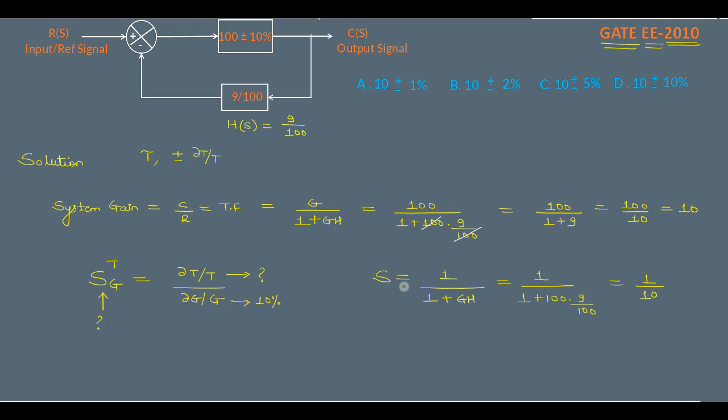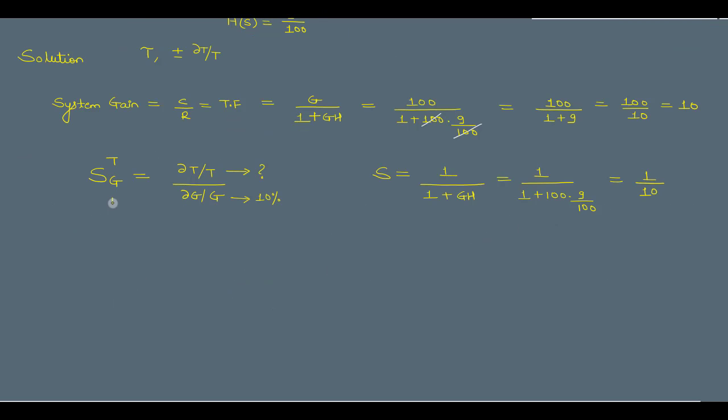Now since we have the value of sensitivity, we can easily find the value of dou T by T. The sensitivity we found was 1 by 10, which is equal to dou T by T upon the change in the forward gain path dou G by G, which is plus minus 10%.